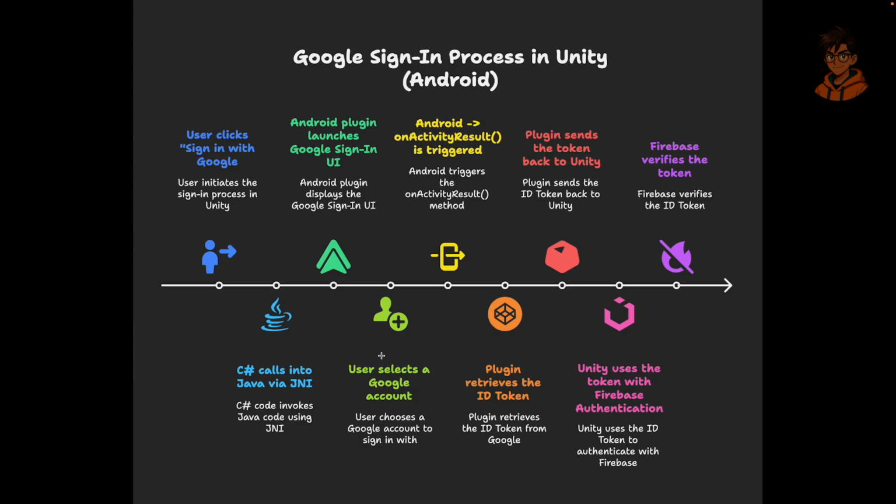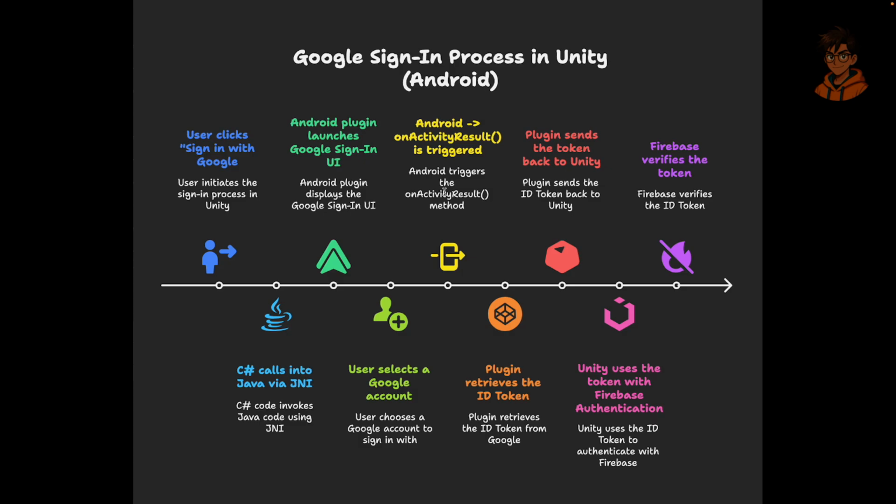After he chooses the account, we handle it with the onActivityResult method, which is something we'll add in our AndroidManifest, so we can register the activity on the mobile phone and Android can say, okay, someone is logged in.